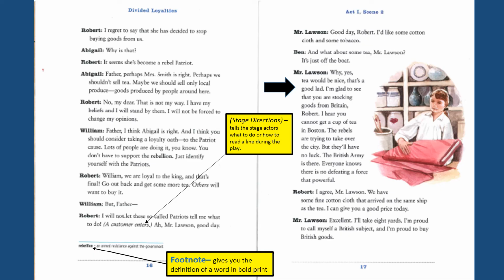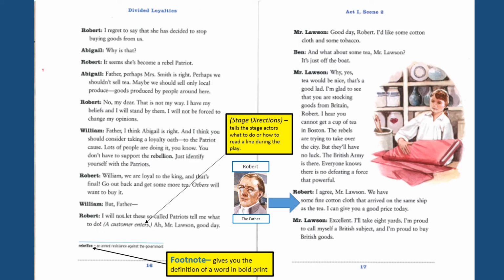That's a good lad. I'm glad to see that you are stocking goods from Britain, Robert. I hear you cannot get a cup of tea in Boston. The rebels are trying to take over the city. But they'll have no luck. The British army is there. Everyone knows there's no defeating a force that powerful. I agree, Mr. Lawson. We have some fine cotton cloth that arrived on the same ship as the tea.